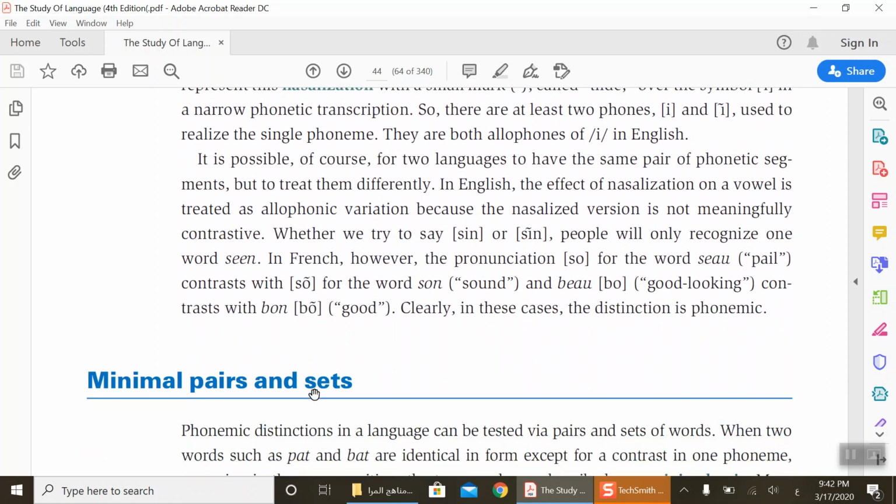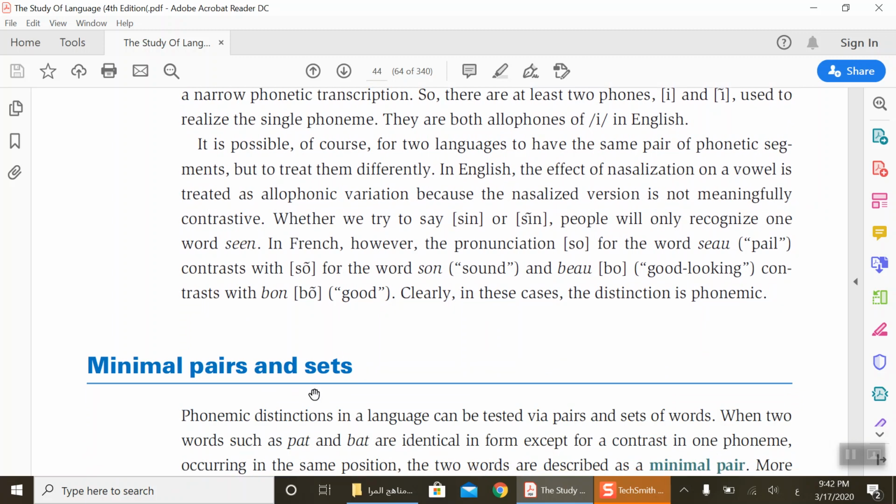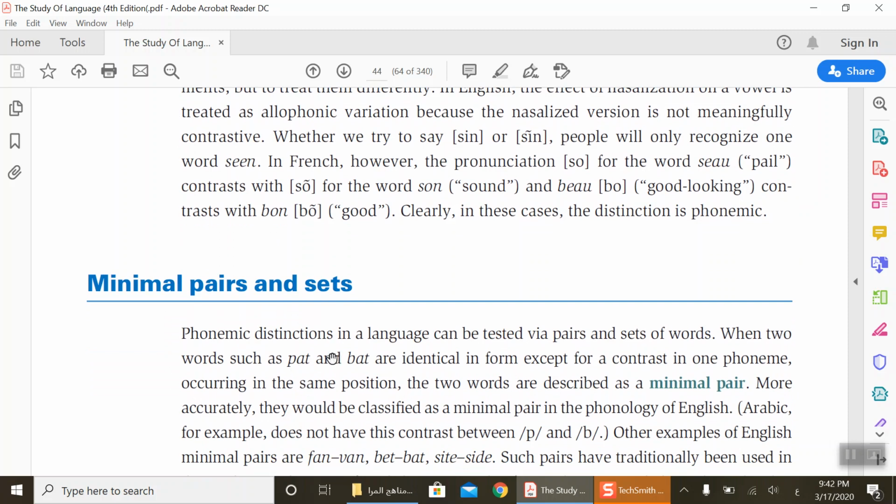We go to minimal pairs and sets. Phonemic distinctions in a language can be tested via pairs and sets of words.